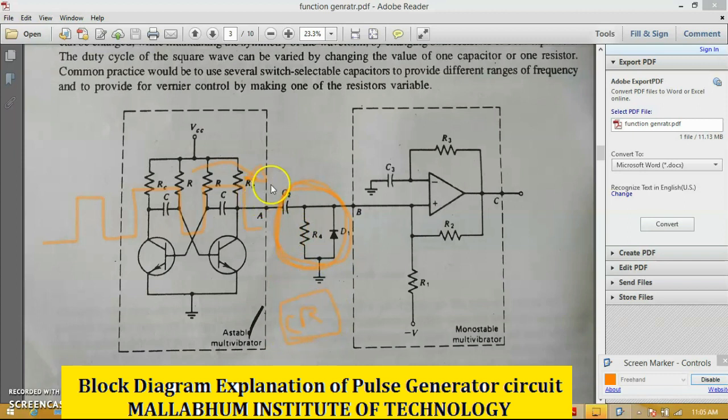With it we get a spike like that, and as soon as that spike triggers the monostable circuit, we get a pulse like that. So at the output we are getting a pulse waveform.